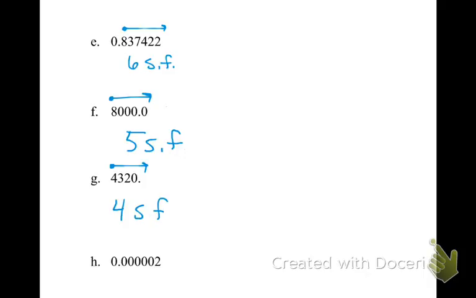For the last one, the world's tiniest arrow on the face of the earth, so itty bitty, 1 significant figure. If you got any of those wrong, I would suggest you rewind the video and go back and see what you may have missed. If you got all of those right, let's move on to the next part.